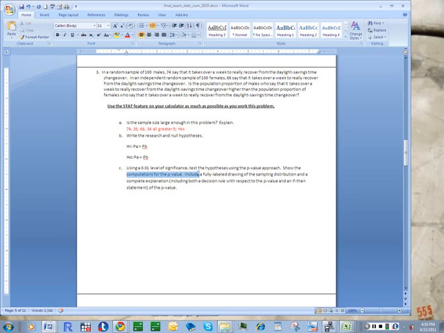And then we want to test using the p-value approach. And well, it says show the computations. That's awesome. That's a pretty good problem.